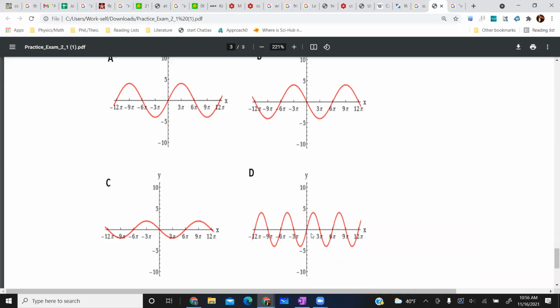So let's look at D. So over the interval 0 to 12 pi, the function shouldn't repeat itself, but it's pretty clear it does. It goes up, then down, and then up again, and then down. So D will correspond to some sine curve, but the period won't be 12 pi.